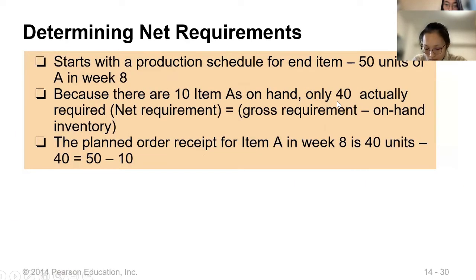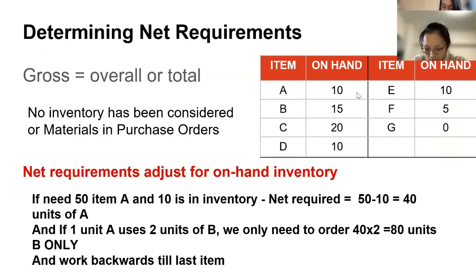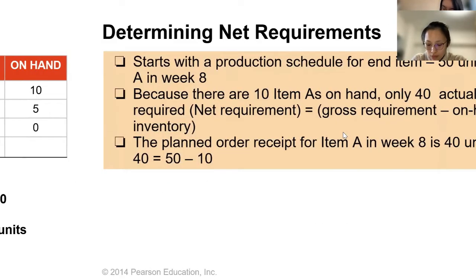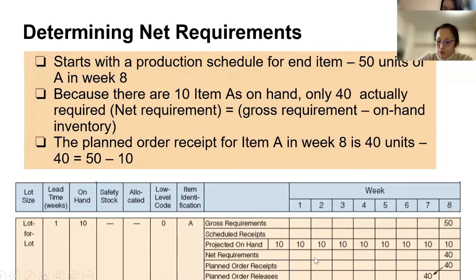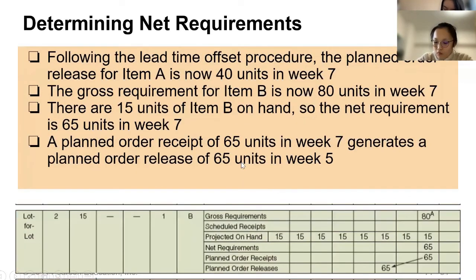So I've already shown you, this is the information of our item inventory, right? Okay, we have 15 and so on. So based on this, then you need to determine our plan order release for B. And we can go and do that for C, D, and so on.